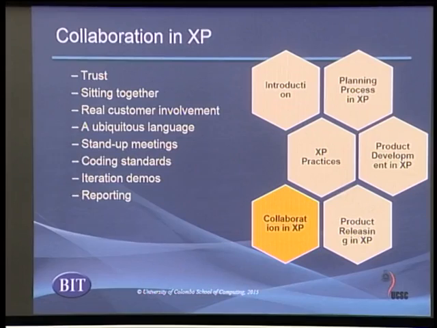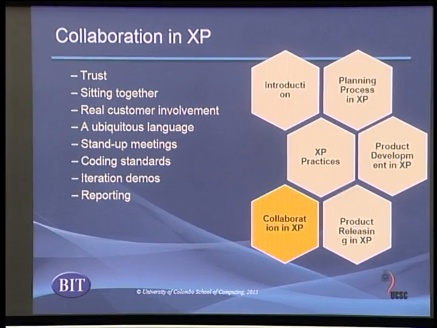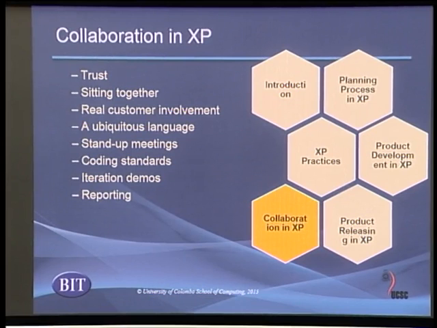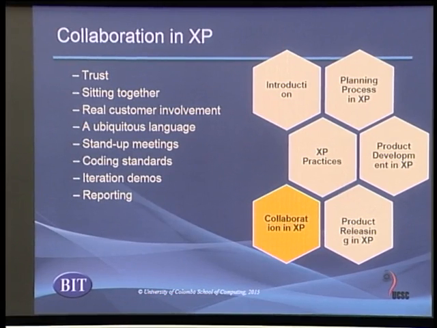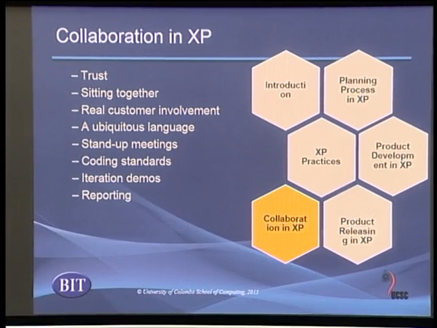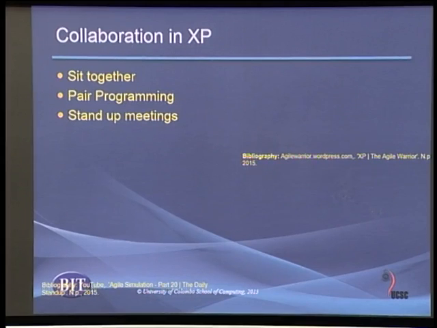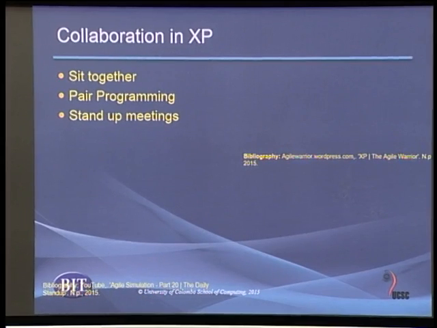And when it comes to collaboration in XP, there are subtopics listed in this slide. As I mentioned earlier, you should be able to discuss each point rather than just defining the term. For example, we can compare sit together, pair programming and stand-up meetings.